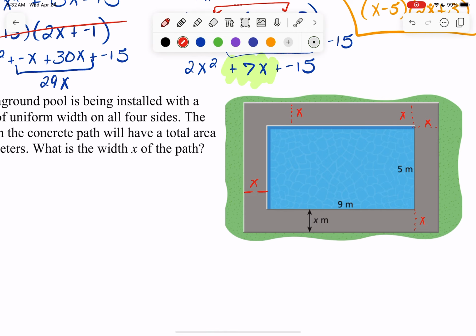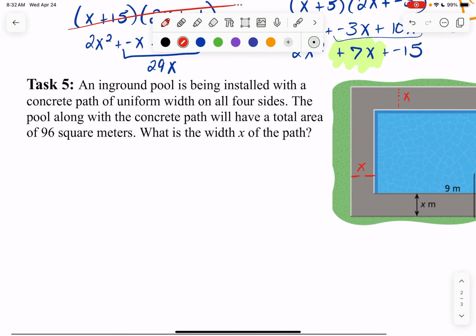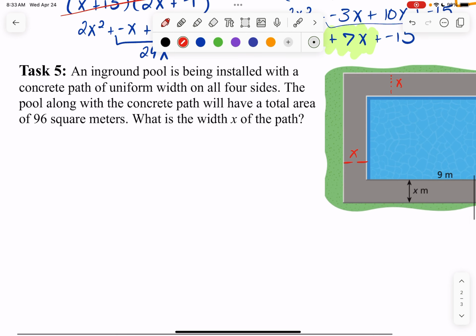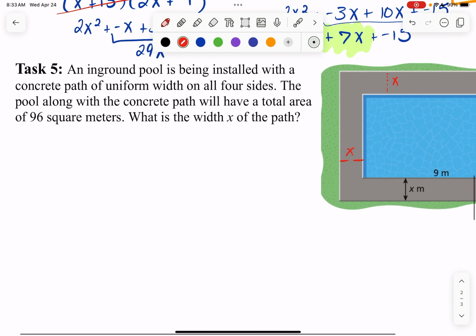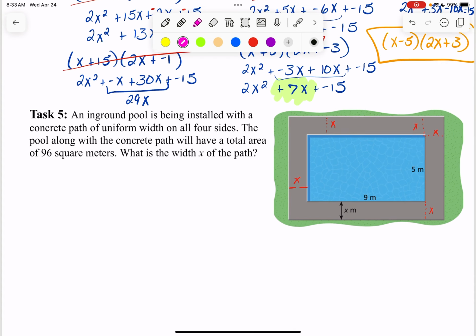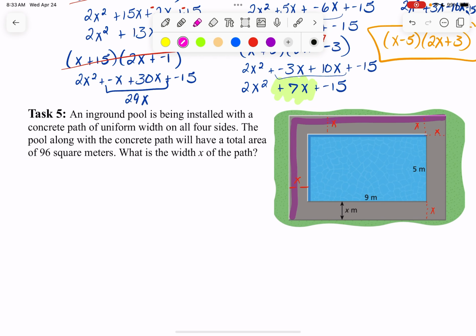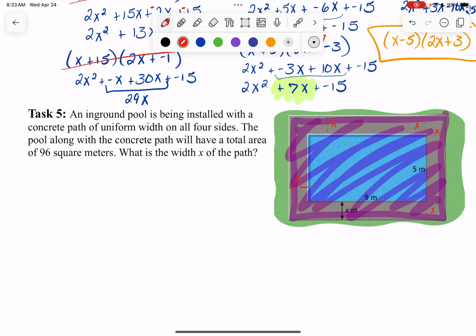It's going to be that same distance all the way around. The pool, along with the concrete path, will have a total area of 96 square meters. So the area inside this whole entire thing is 96 square meters.